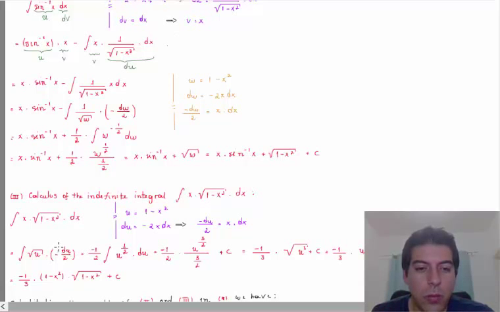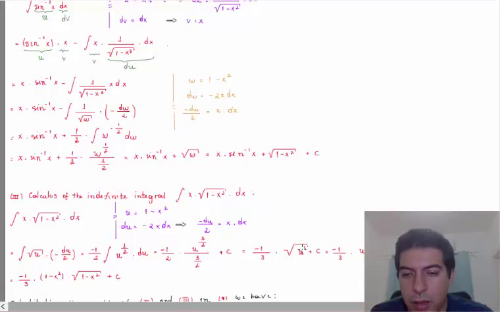Therefore, this 1 over 2 with the minus sign I will put outside of the integral, and the square root of u I will write as u to 1 over 2. If I perform this integral right here, I have u to 3 over 2 over 3 over 2. I can cancel these 2 with these 2 right here, and I have minus 1 over 3 times square root of u cubed plus a constant.